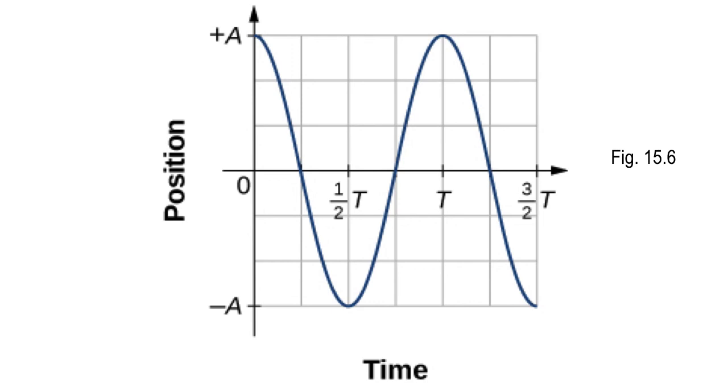So go ahead and make a sketch of this if you want, and make a note that this is minus A. That's negative X max in the notation I was using. So that'd be like negative max compression, and that's half a cycle. That's half a period through. Now, 3/4 of the way through the cycle, you're back here at 0. You're back at equilibrium. And then 1 full cycle, you're back to your starting point up here.